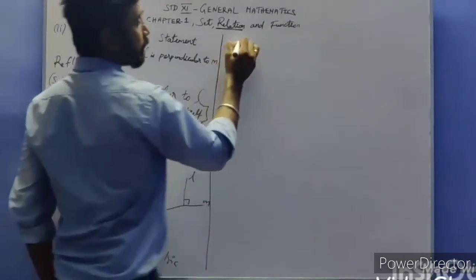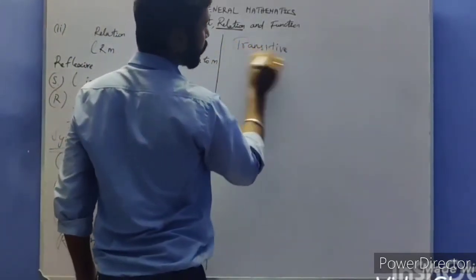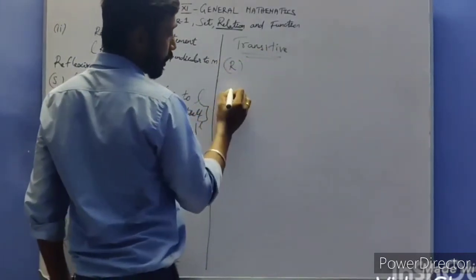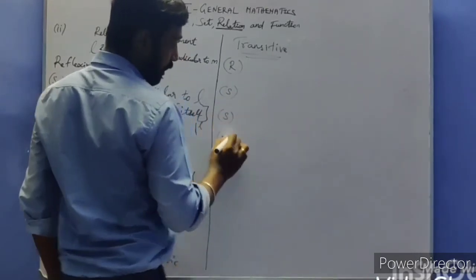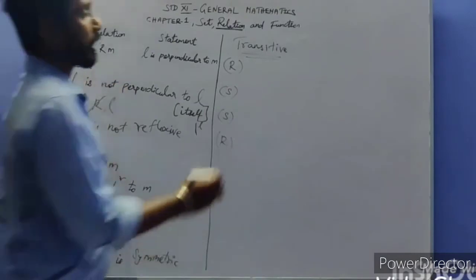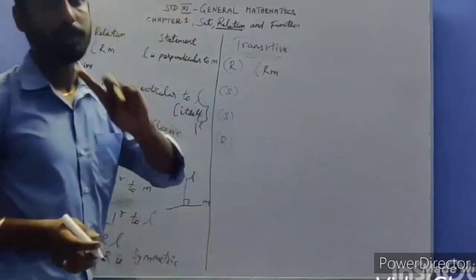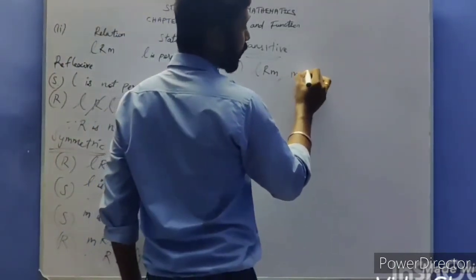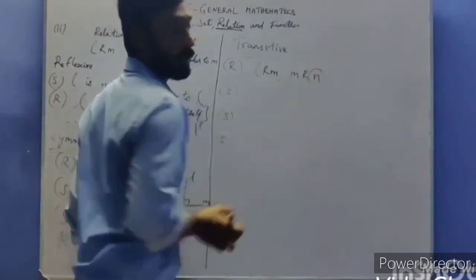Then we are going to see transitive. Now we are going to see transitive. What is the condition for transitive? Same procedure: one relation, two statements, again one relation. So now here, what is the relation? L related to M. Transitive means a third person will enter here: L related to M, M related to N. N will be the third person.